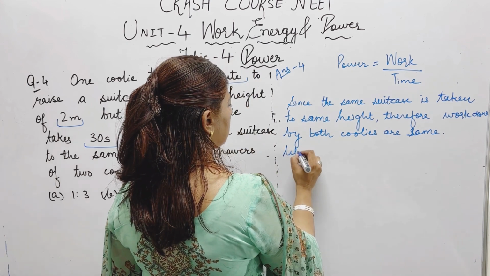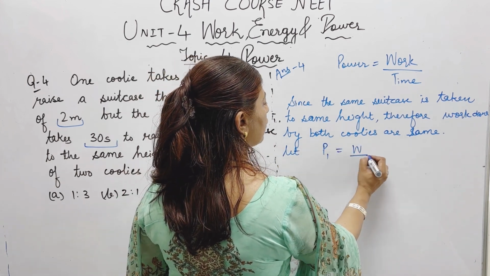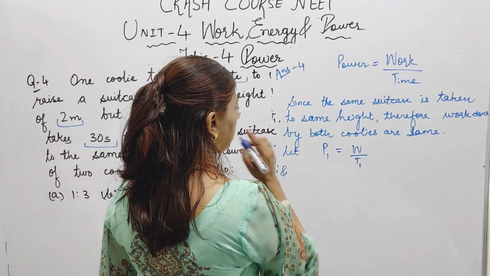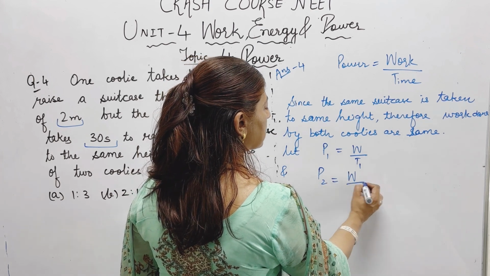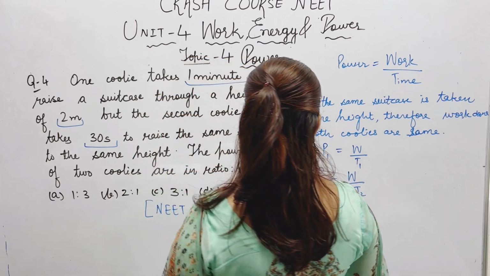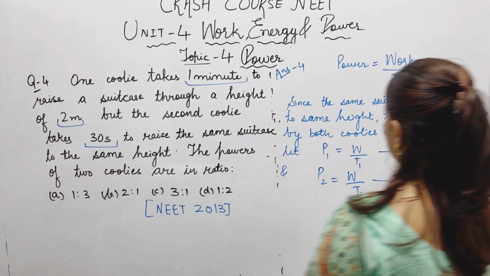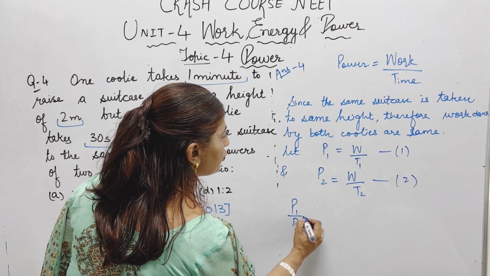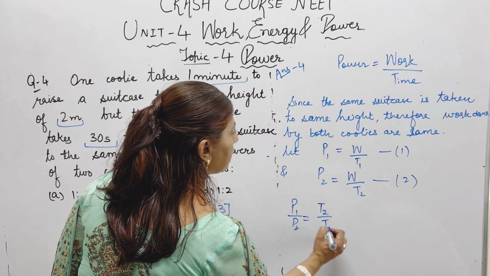Let P1 be the power of the first coolie, so P1 is work done upon time T1, and for the second coolie let it be P2, work done will be same, upon T2. Mark it as equation 1 and this as equation number 2. So P1 upon P2 is equal to T2 upon T1.